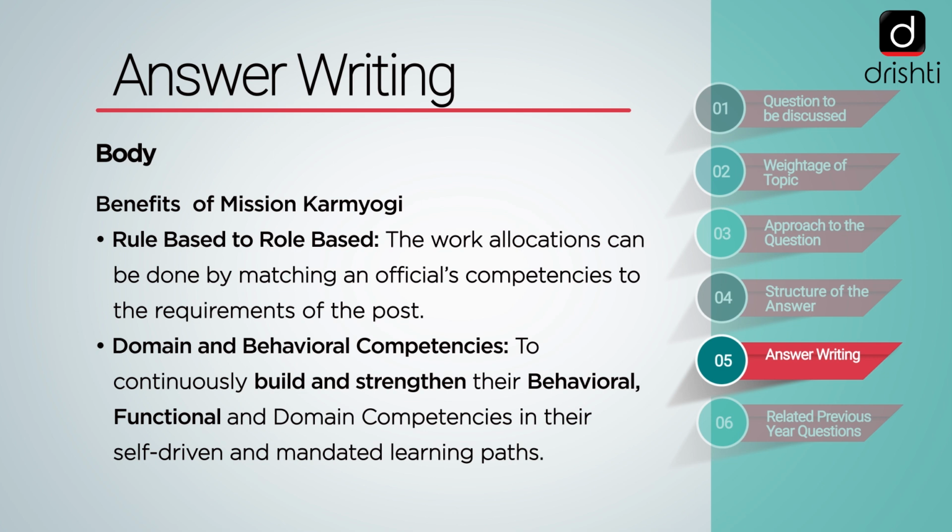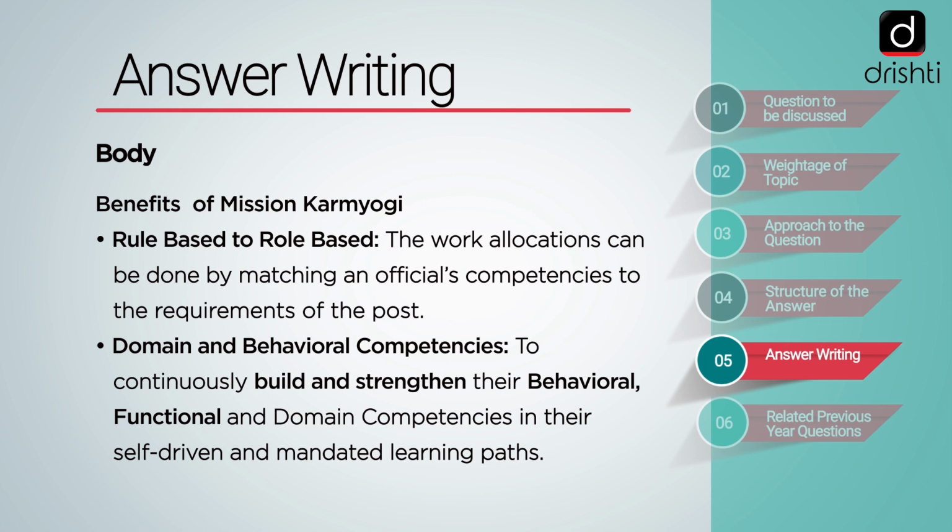Rule-based to role-based. The program will support a transition from rule-based to role-based HR management so that work allocations can be done by matching an official's competencies to the requirements of the post. Domain and behavioral competencies.